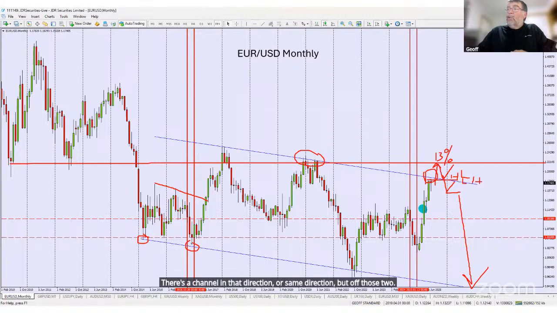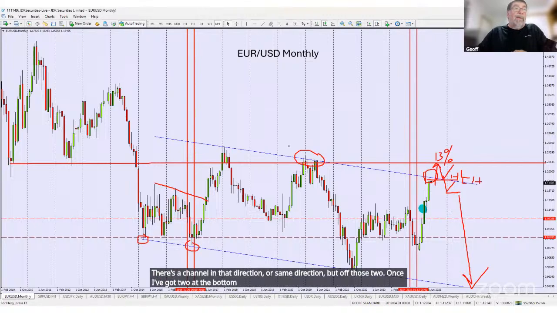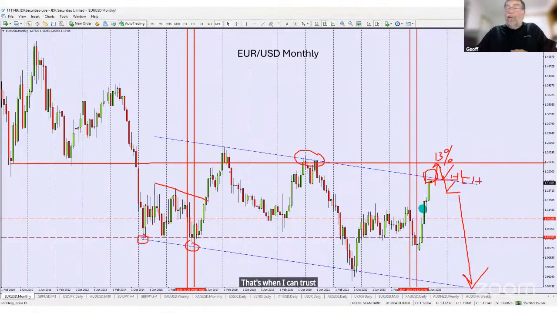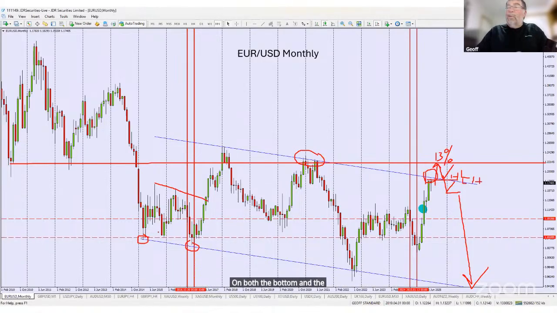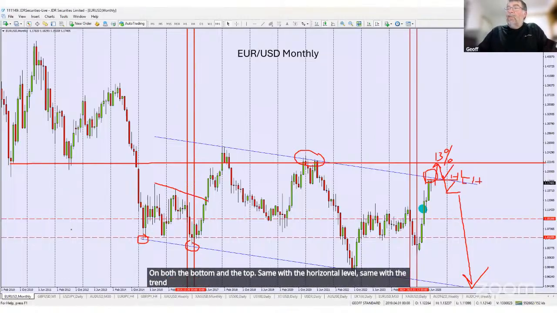Once I've got two at the bottom and two at the top, that's when I can trust the lines. I can trust that if we get a bounce off here, we're going to go down here. If we get a bounce off here, we're going to go down here. I can trust that after two times on both the bottom and the top. Same with the horizontal level, same with the trend line, same with the moving average.